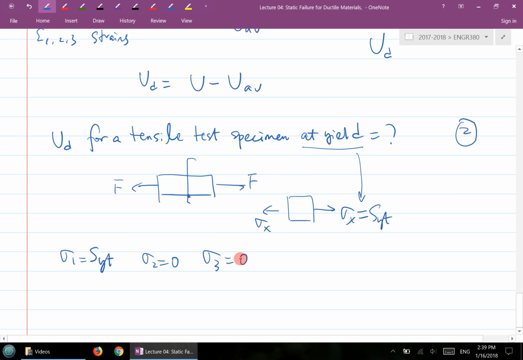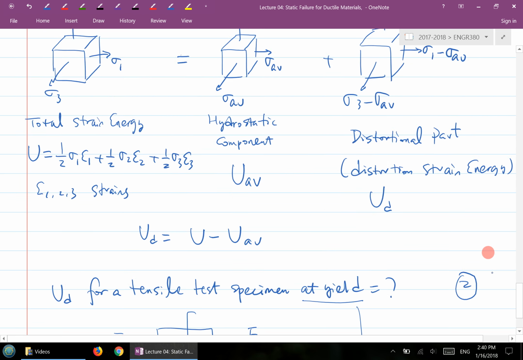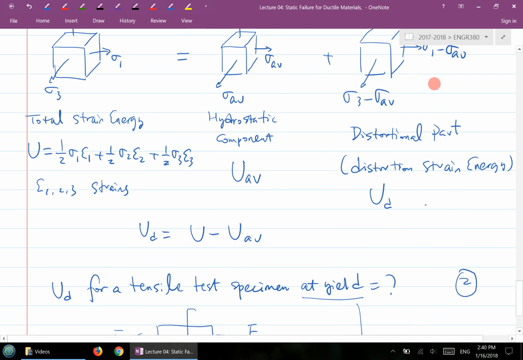This is what we need to substitute into the general formula for the distortion strain energy, which is given in equation number 1. So sub into equation 1, here it is. What do we get?